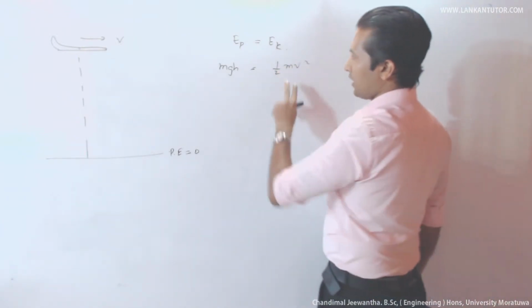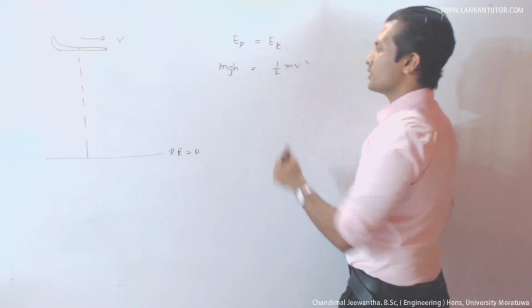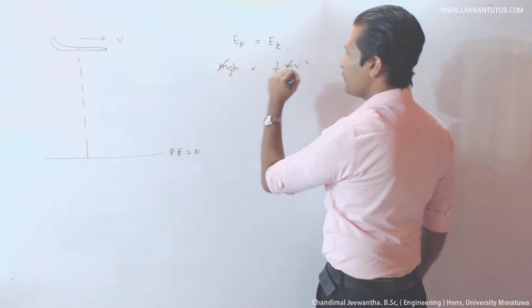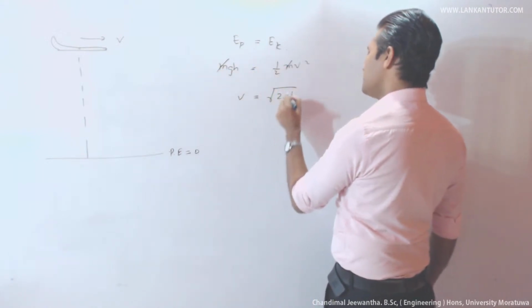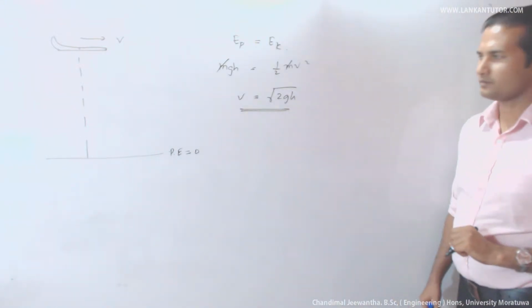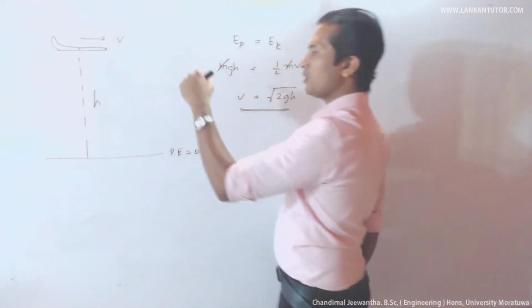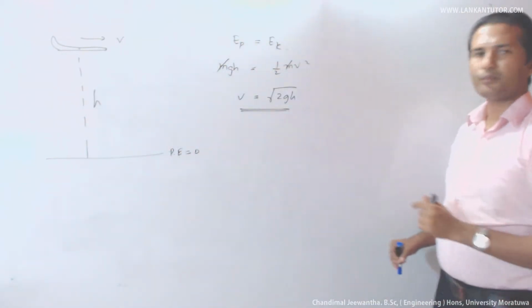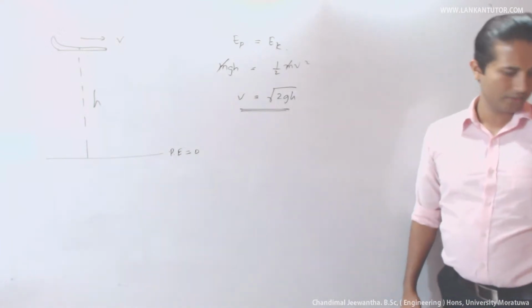If the potential energy and the kinetic energies are equal to each other, what happens? We can conclude v equals root 2gh. That is our conclusion. That is the relationship between velocity and the height when potential energy and kinetic energies are equal to each other.